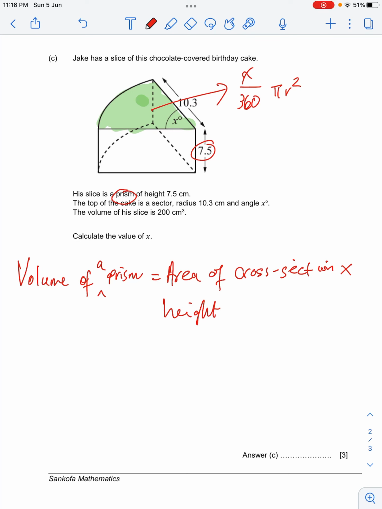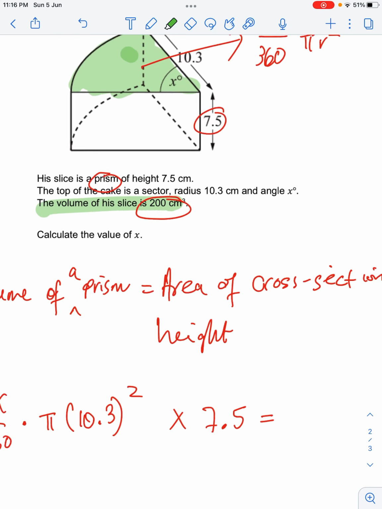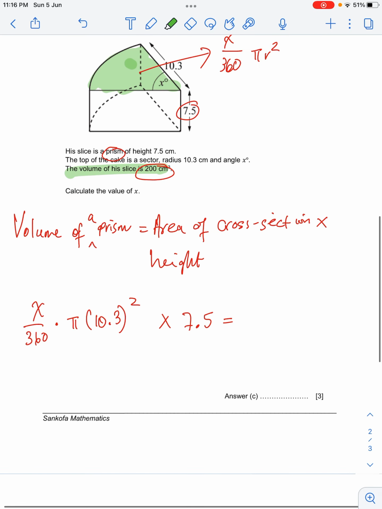Okay, now that means I'm going to have x over 360 times pi times my radius here is 10.3 squared. Okay, and you multiply that simply by the height, which is 7.5, and you're also given the volume. They are saying that the volume is equal to 200, so you can definitely let that equal to 200.